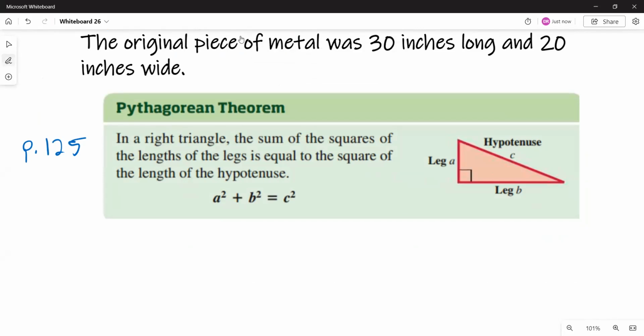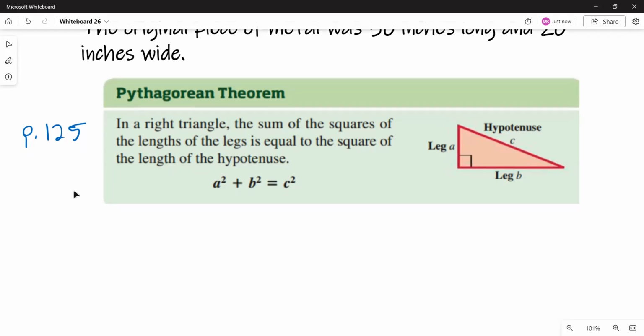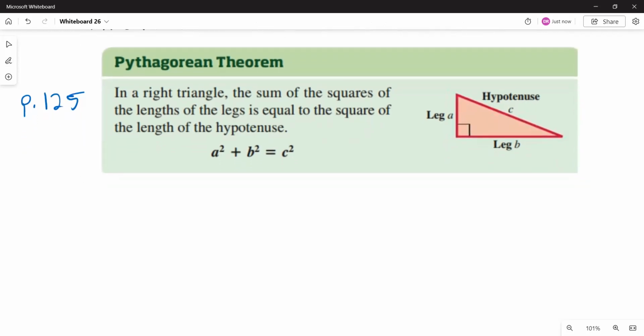In a right triangle, the sum of the squares of the lengths of the legs is equal to the square of the length of the hypotenuse. That is, if the legs measure a and b, and the length of the hypotenuse is c, then a squared plus b squared equals c squared. We're going to use this to solve the following problem. That's number 36 on page 131.